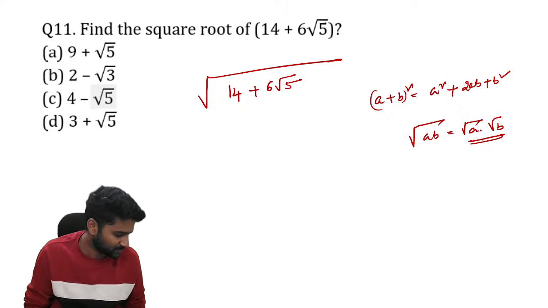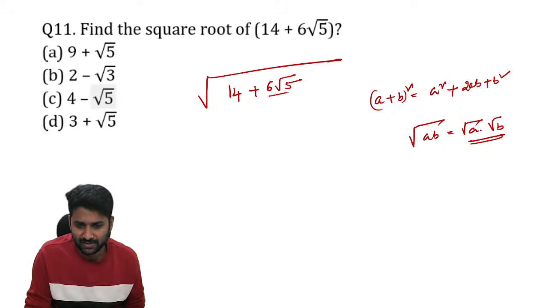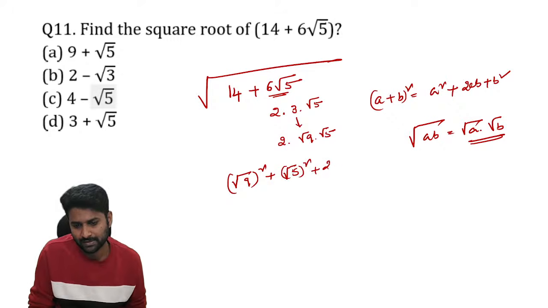You must be good at this property also. So we have to identify this split. 6 root 5 can be taken as 2 into 3 into root 5. Can I take this step? 2 into root 9 into root 5. It means root 9 whole square plus root 5 whole square plus 2 into root 9 and root 5.